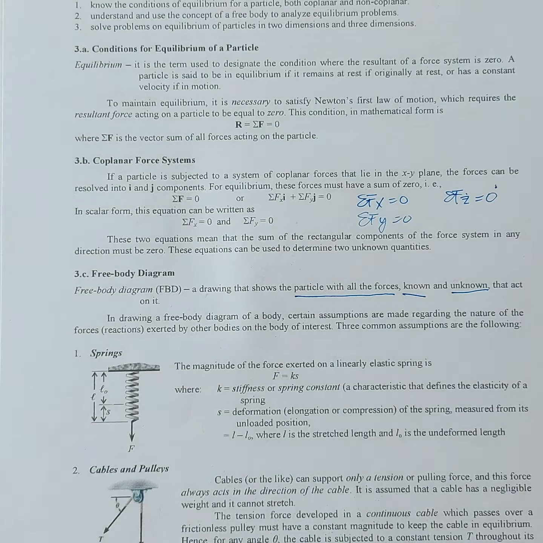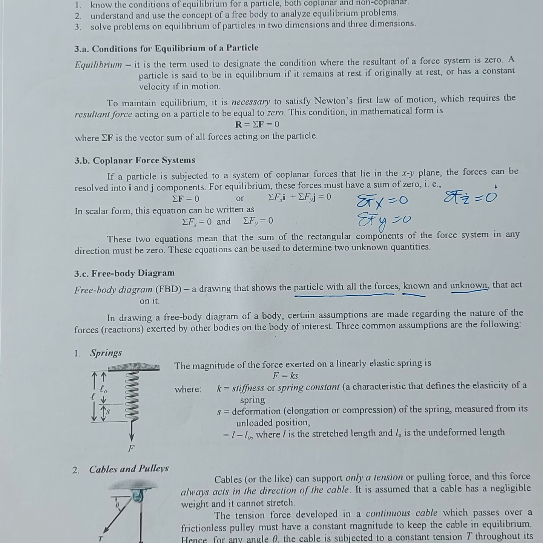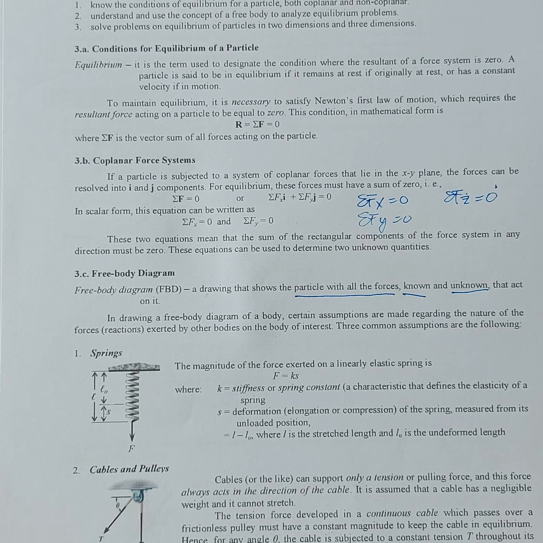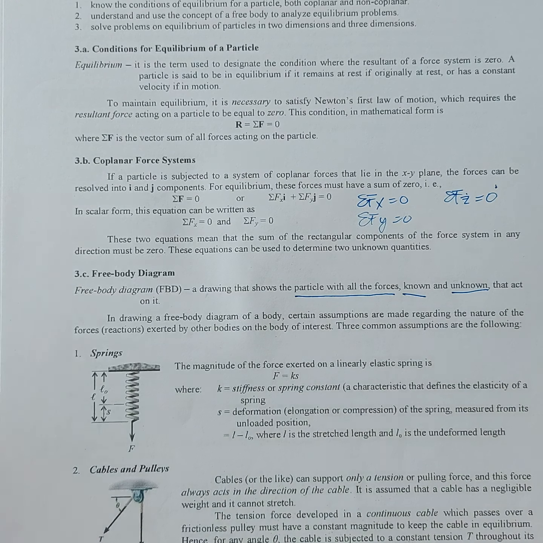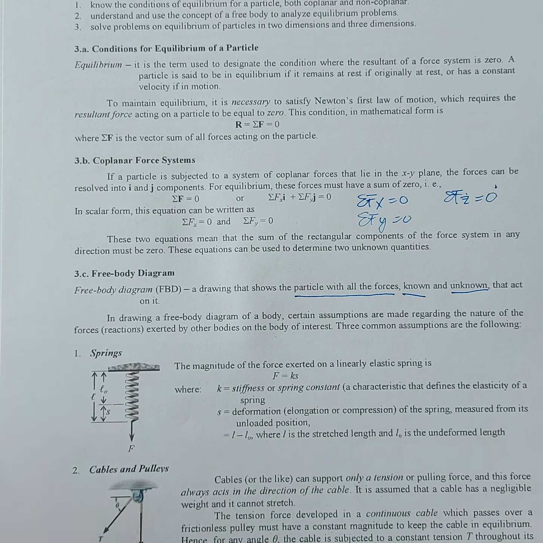So for example, we have a particle or a body subjected to external forces. We're going to simplify, redraw the situation. So we have the particle. We just draw the particle and all the forces that act on it. Okay? So we call that the free body diagram.